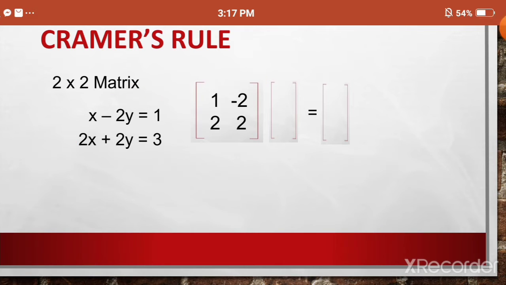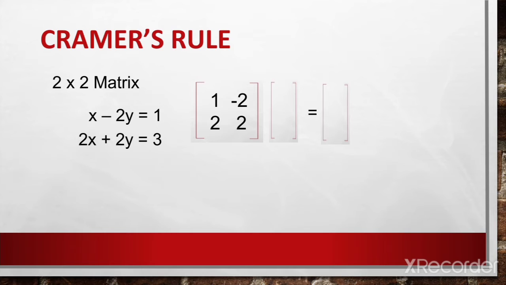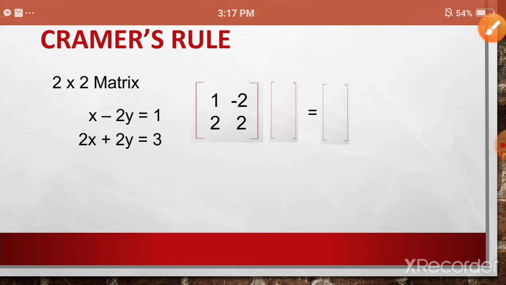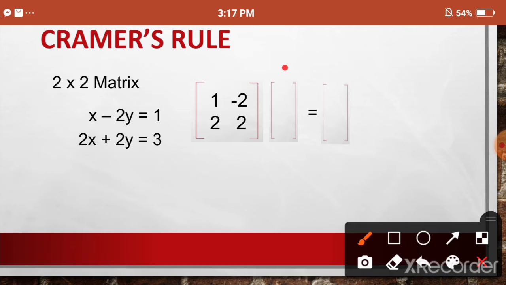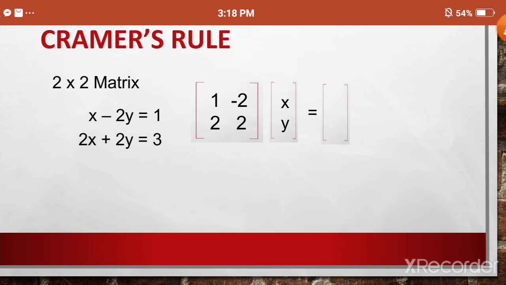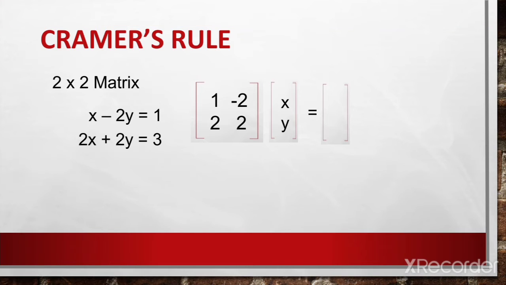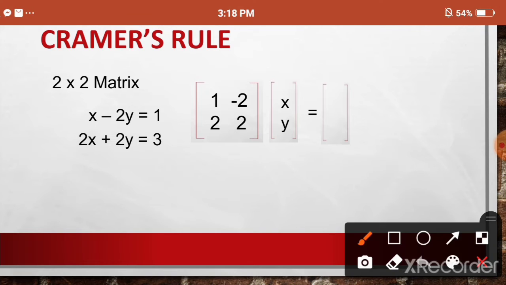So we have 1, negative 2, 2, and 2. In the second bracket, just write the present variables. In these two given equations, we have two present variables, namely x and y. And in the last bracket, just copy the numbers 1 and 3.